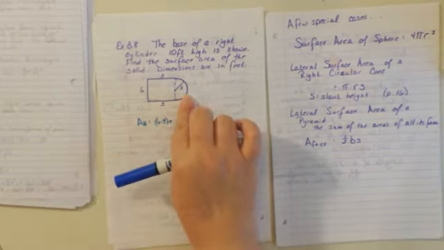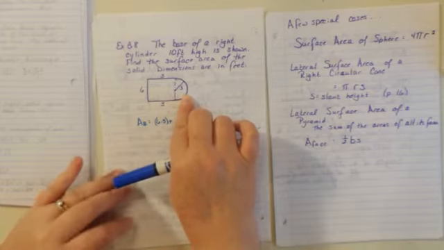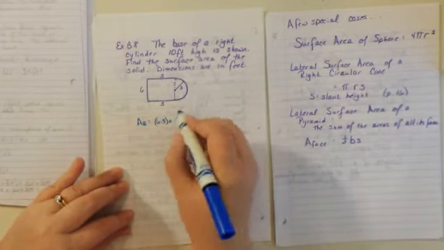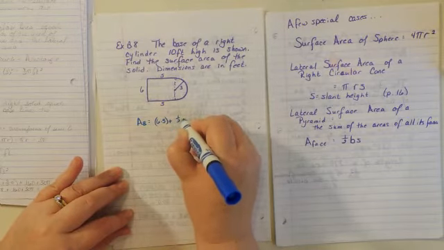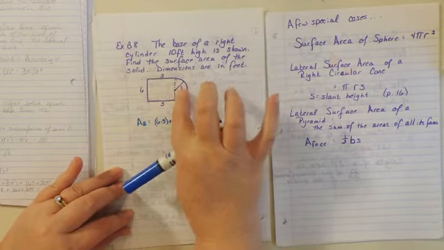The area of the half circle is going to be 1/2 the area of a circle, which is pi r squared. So this is going to be 1/2 pi r squared. The r is 3.